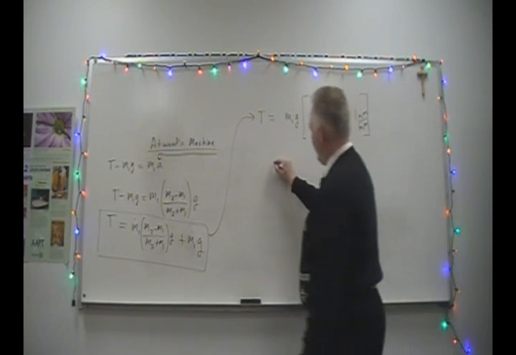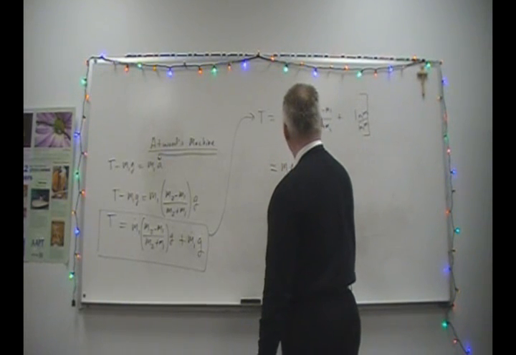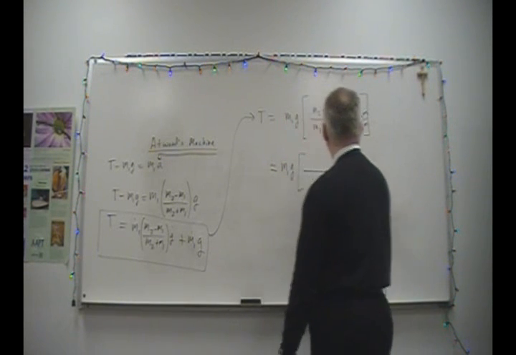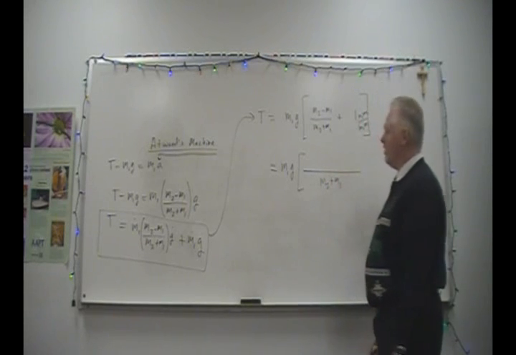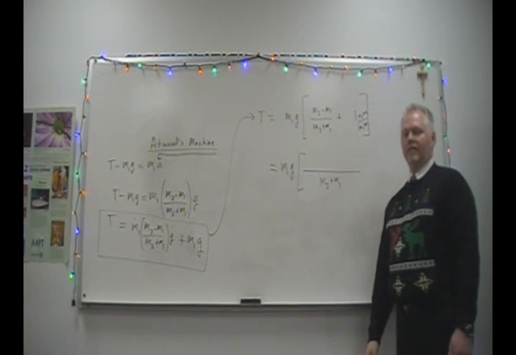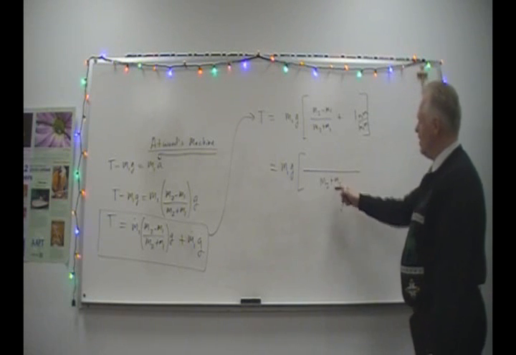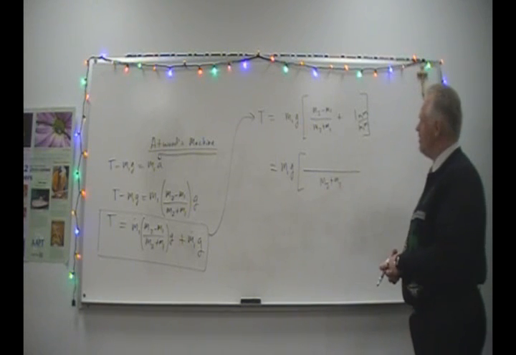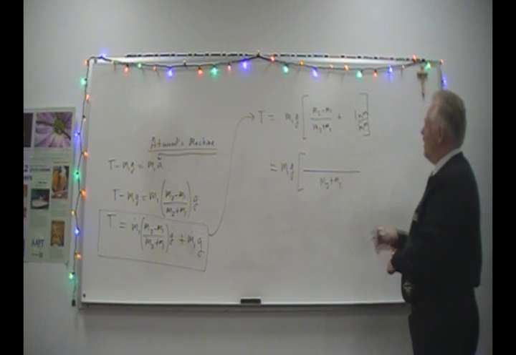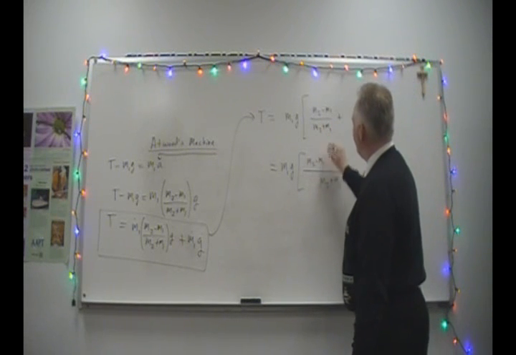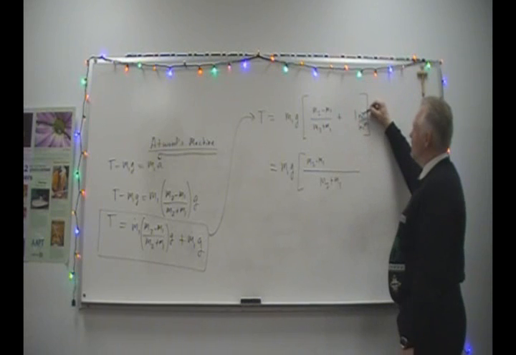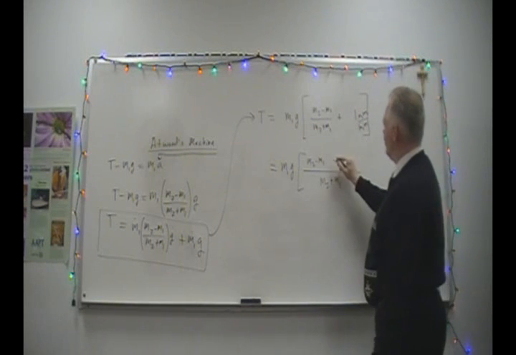And what's going to happen there? Well, I'll be able to combine everything under M2 plus M1. Remember, when you add fractions, you need a lowest common denominator. So there it is, M2 plus M1 or M1 plus M2, it doesn't matter which way you write it. And on top, what do I have? Well, I have M2 minus M1 plus M2 plus M1.